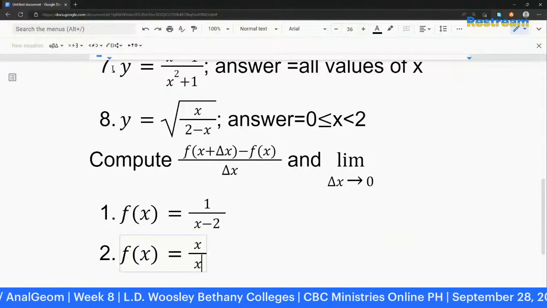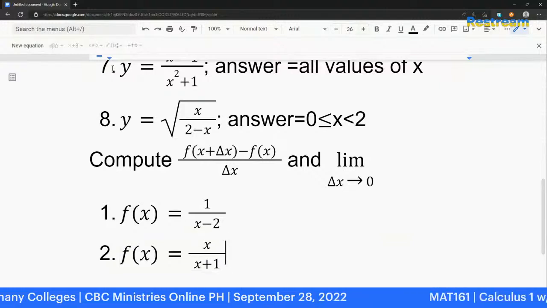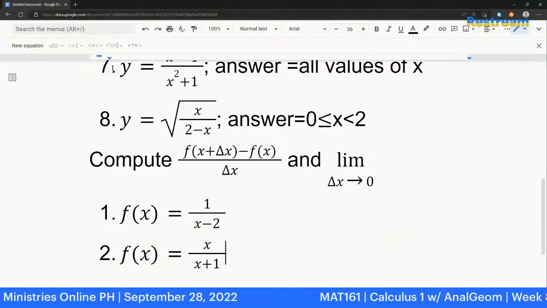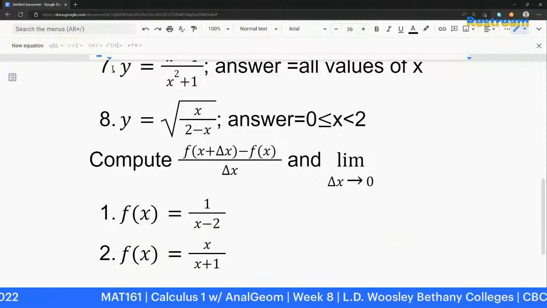Sige, kumpletuhin ko muna. Okay, yan yung aking requirement. Solve for the defined function and the limit as delta x approaches 0. Okay, so I'm giving you time for this, guys.